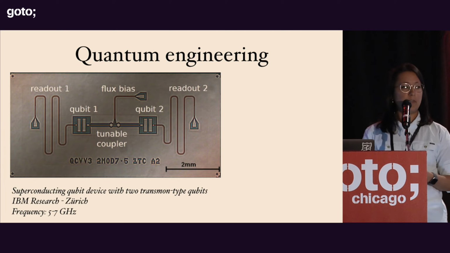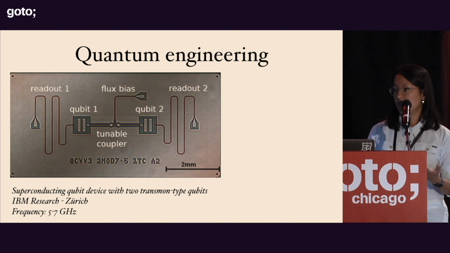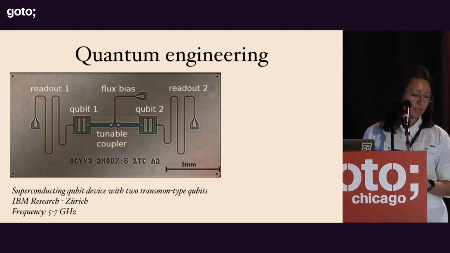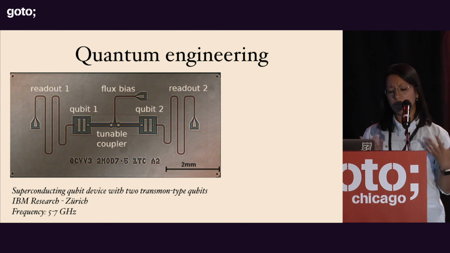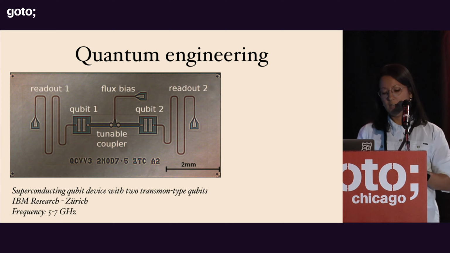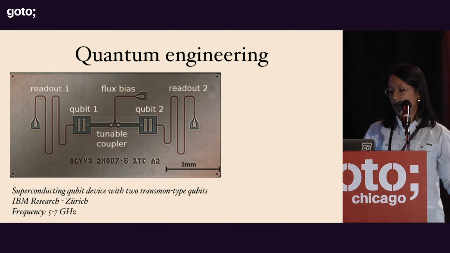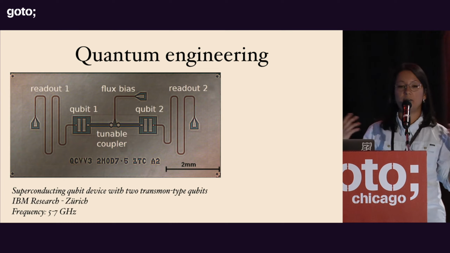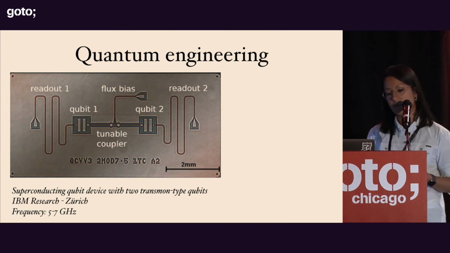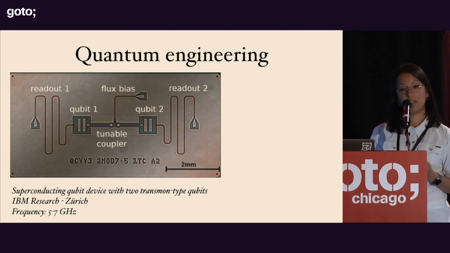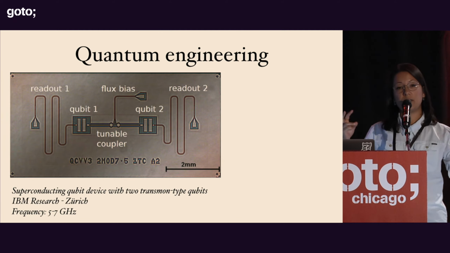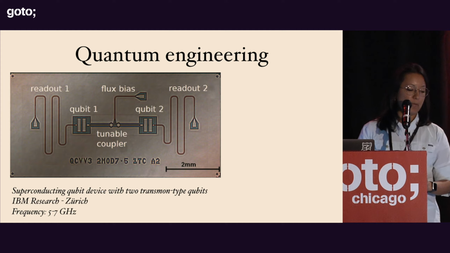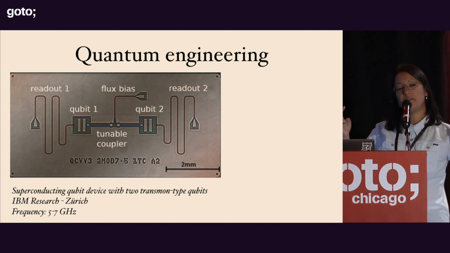Like I told you before, I'm an experimental physicist, and I've been working as a quantum engineer previously. So what is quantum engineering? It's where we take quantum physics and use it to create new technology. We apply the knowledge we have theoretically from quantum mechanics and apply it. So this is an example of a superconducting qubit device or a transmon qubit device, which is a way to create an artificial atom.